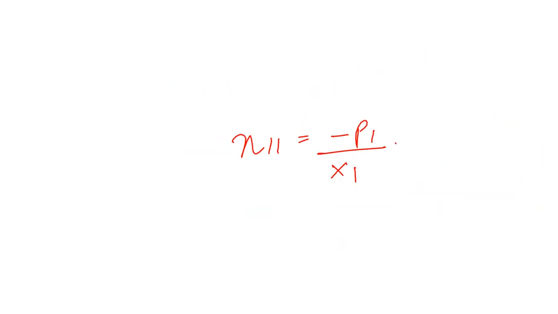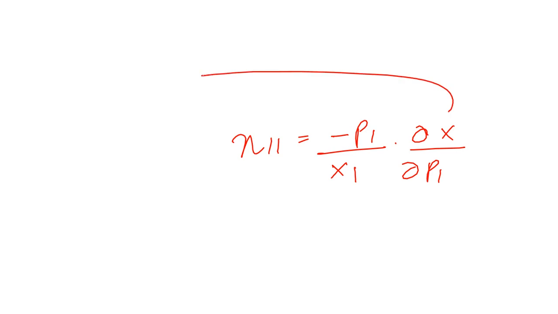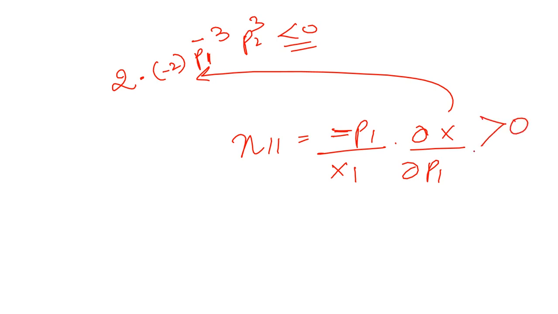So again, this is into del X1 by del P1. It was 2 into minus 2 P1 minus 3 P2 3. This is less than 0, and we have a negative sign here, so this is coming out to be greater than 0. Similarly, N22 will also come out to be greater than 0.